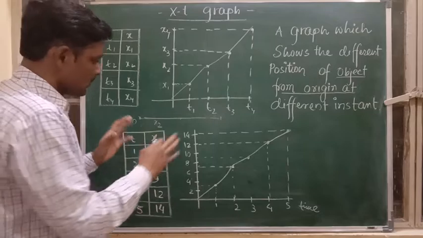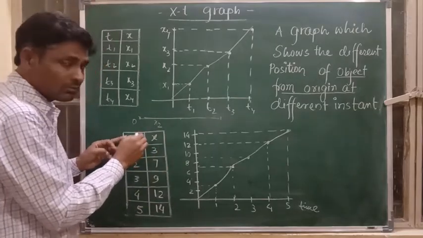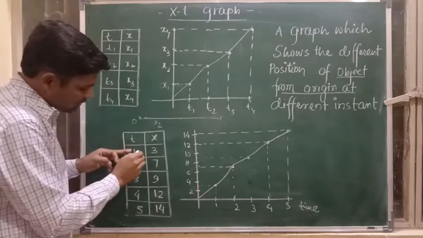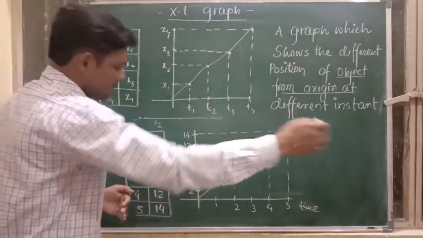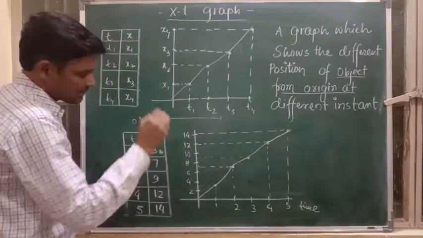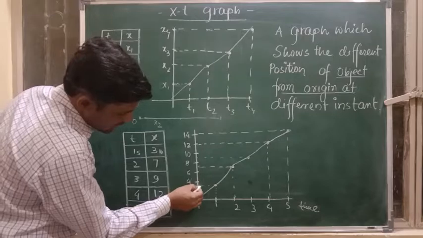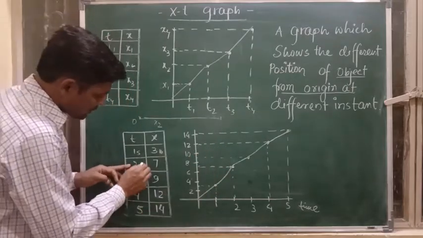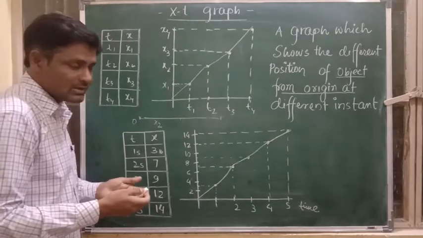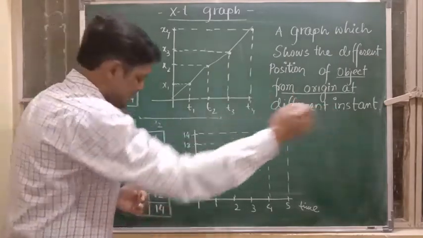For example, an object at time t1 that is at 1 second, the position from the origin was measured 3 meter. Suppose that it was 3 meter. So at time 1 second the position is 3 meter. At time 2 second, after 2 seconds of the start, the position of the object from the origin is 7 meter.